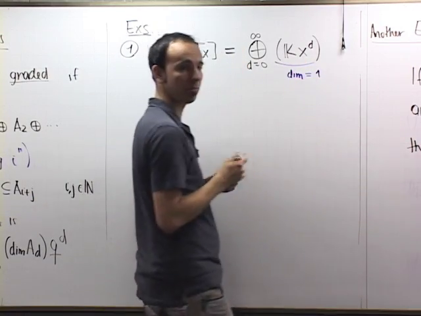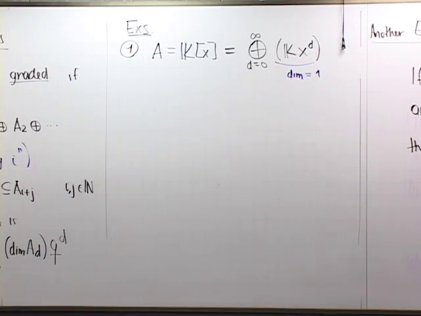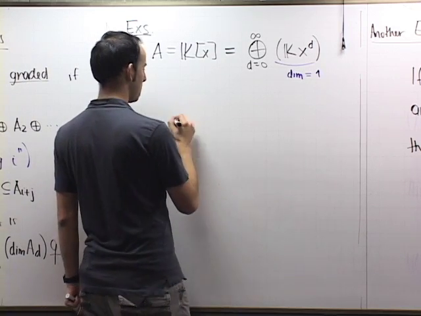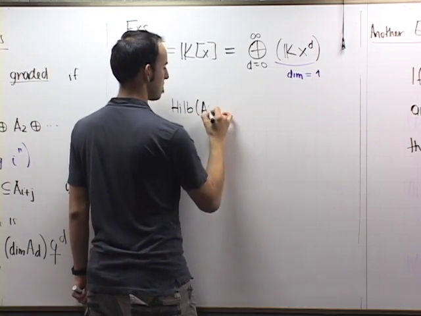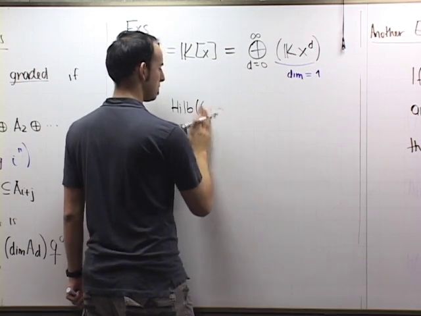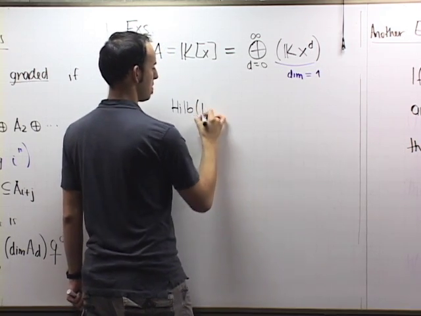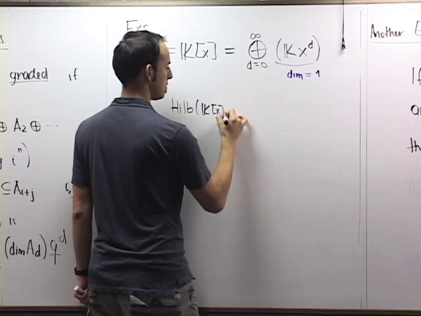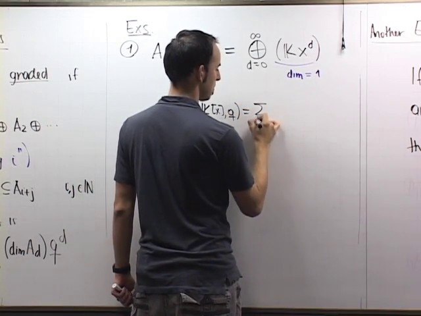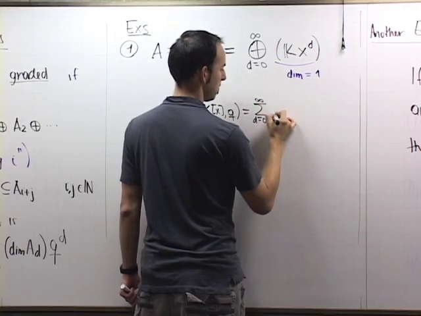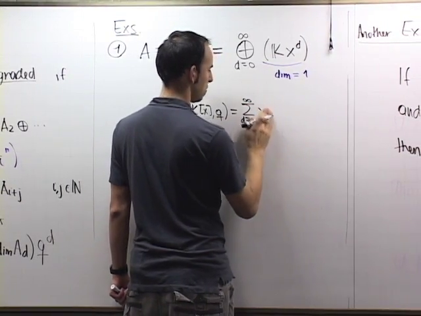So the dimension is 1. And therefore, the Hilbert series is just the sum from d equals 0 to infinity of 1 times q to the d.